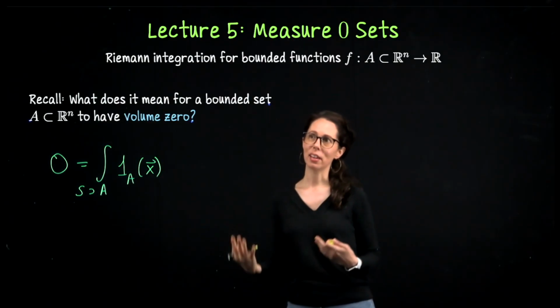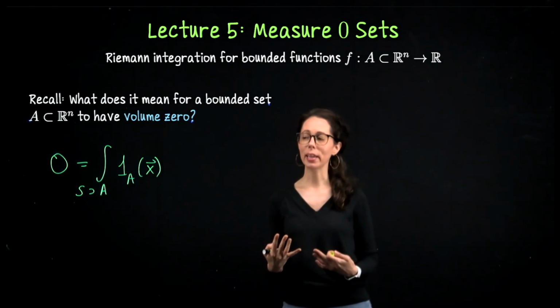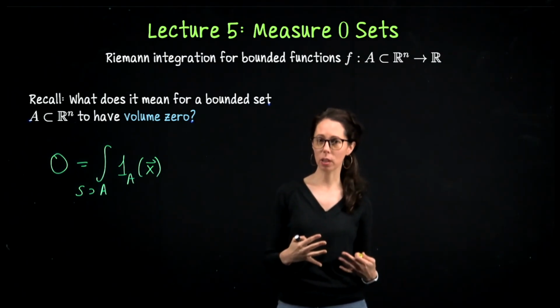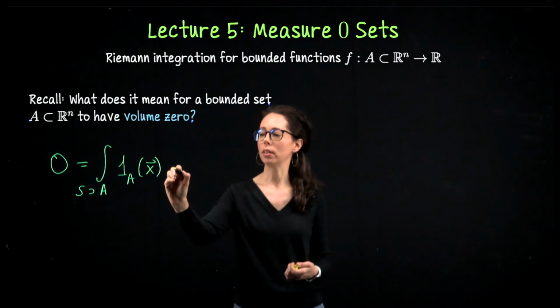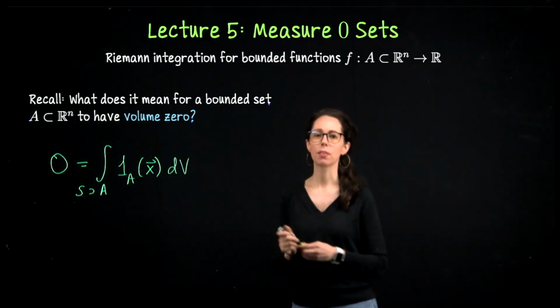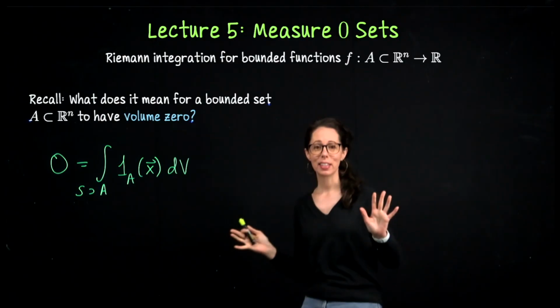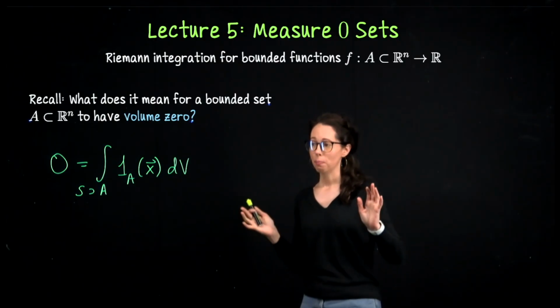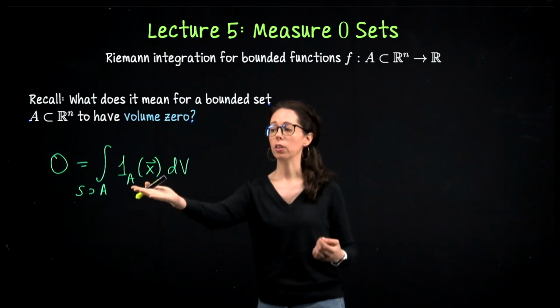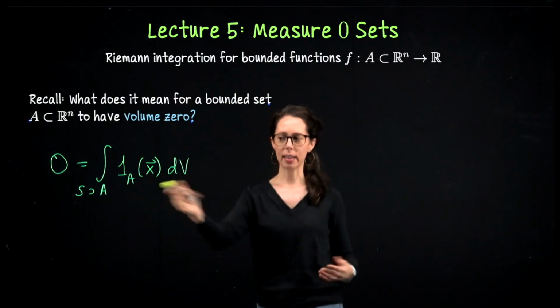If it was a region in the xy plane, I might write dA to be a little bit more specific. But in general, let's write dV. That's the volume element. So this is literally the definition of volume zero, by viewing the volume as the integral of this characteristic function of A whenever it exists.